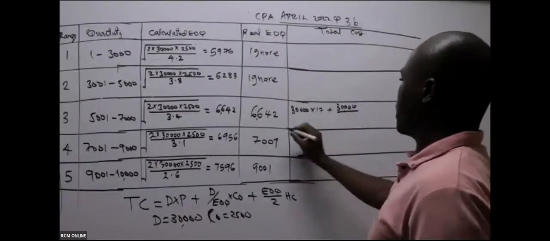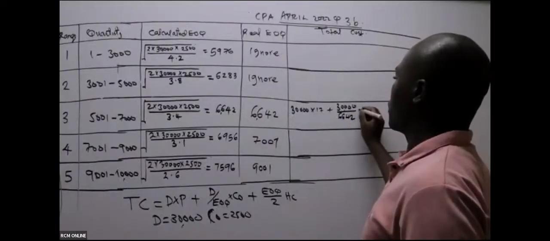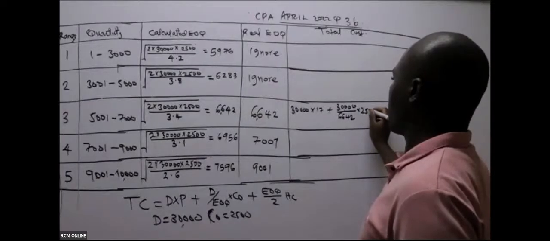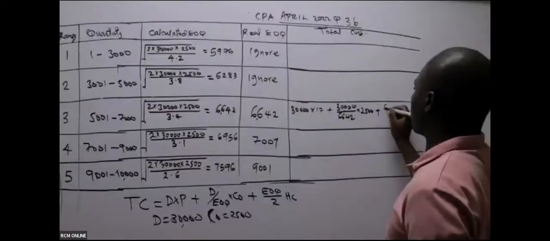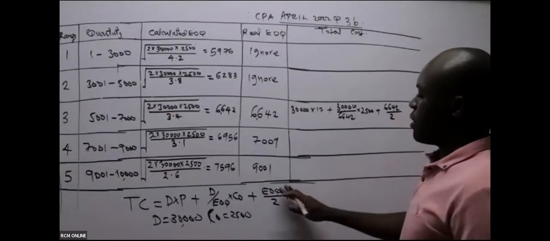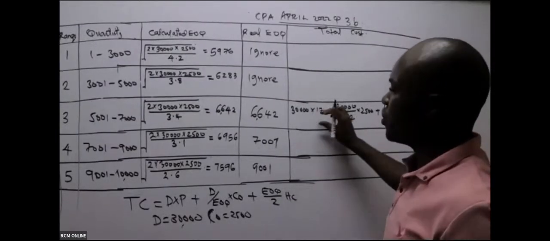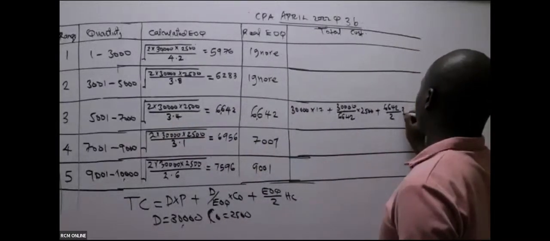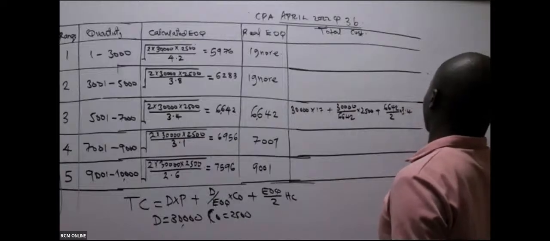So 30,000 divided by 6642 times ordering cost, which is 2,500, plus economic order quantity, 6642, divided by 2, multiplied by holding cost per unit. Under range 3, holding cost is 3.4.